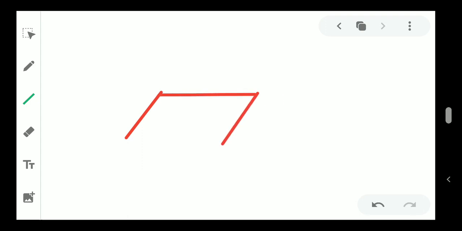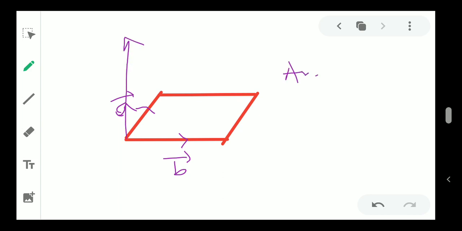So we know that area is a vector quantity, and for the direction of the area, let's say this is my vector A, that is my side A, and this is my side B, that is also a vector B. So the direction of the area will be perpendicular. Why? Because in vector formulation, we write the area as A cross B.